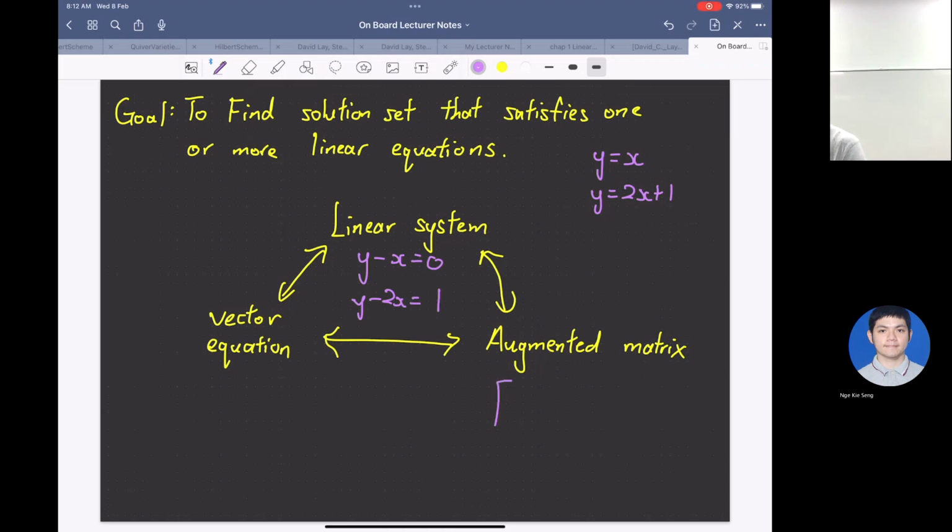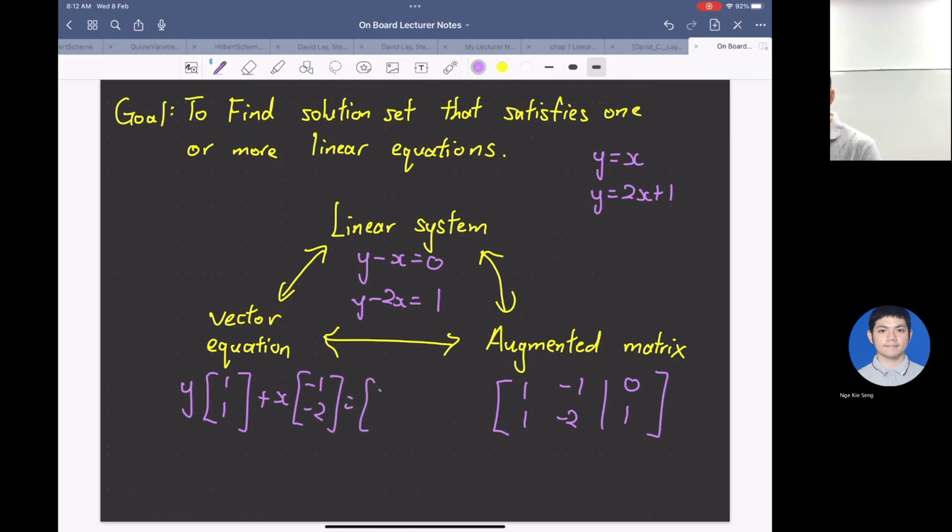And then from here, we can obtain the augmented matrix. And how to transfer to a vector equation? We can write y times (1, 1) plus x times (minus 1, minus 2) equal to 0. So solving all of these is the same, just a different interpretation.